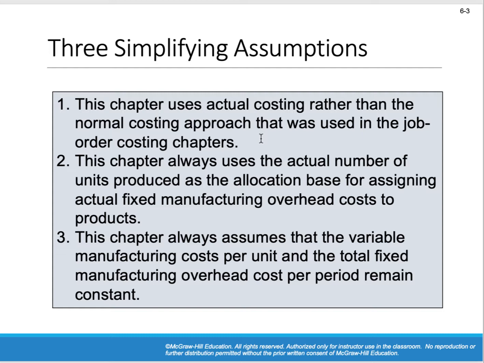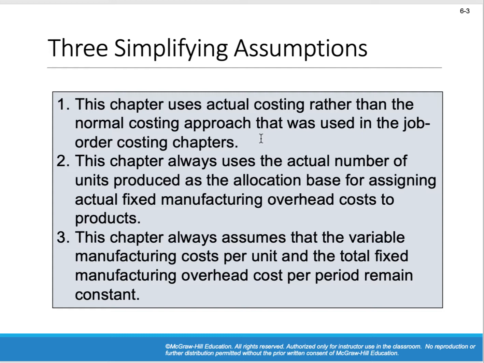So I want you to think back to Chapter 2. Chapter 2 said, okay, we have our direct material, direct labor, manufacturing overhead, right? Manufacturing overhead was applied on that predetermined overhead rate. To get that predetermined overhead rate, we had to estimate the total manufacturing overhead costs, and we divided by some allocation base.